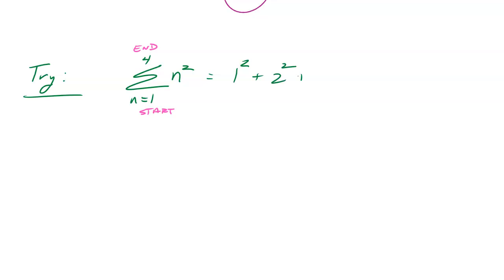Perfect. And then you add them together, right? Correct. So 1 is the first number you plug in, 4 is the last number, and then you go by integers. And then whatever that adds up to is your answer. So what do we got? 16, 25, 29, 30. Yeah, very good. Anybody have any questions on this one?